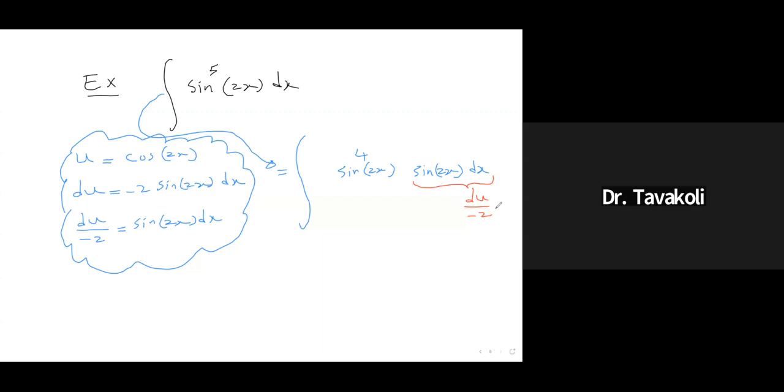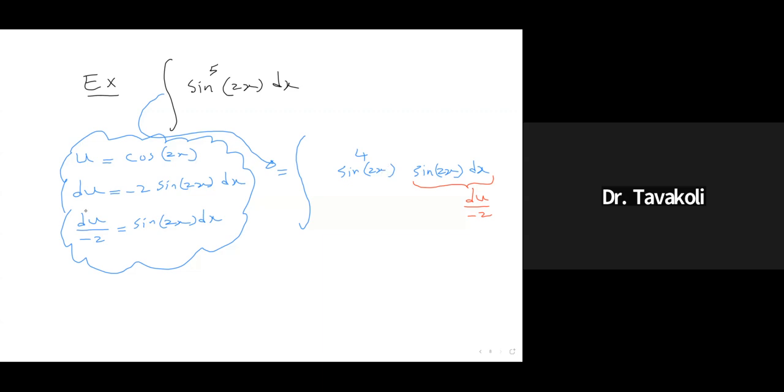And I need to use the substitution u is cosine of 2x. So I should be able to write sine to the power of 4 of 2x in terms of cosine. This is something that we know how to do from trigonometry, something like from pre-calculus.